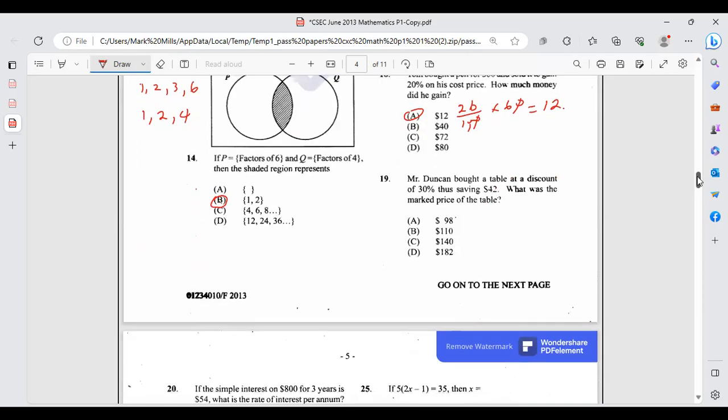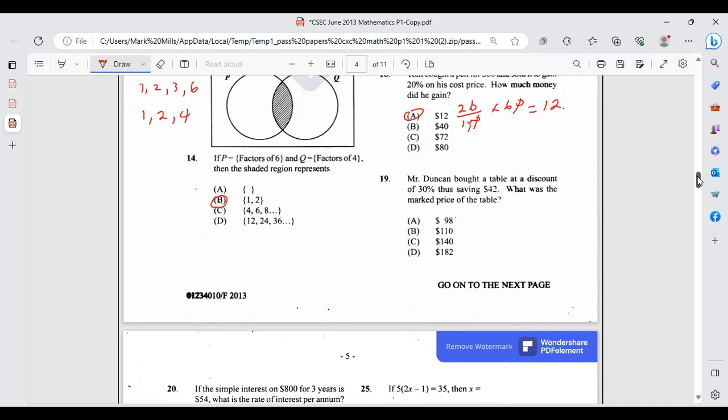Number 19. Mr. Duncan bought a table at a discount of 30%, saving $42. What was the marked price of the table? Read the sentence again.